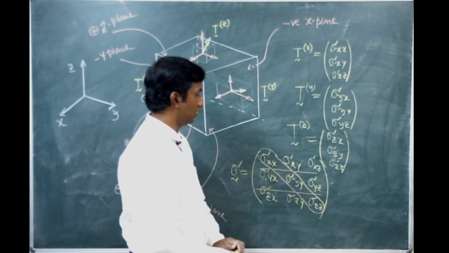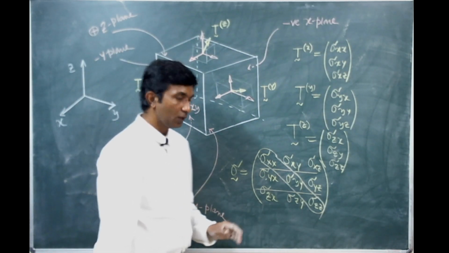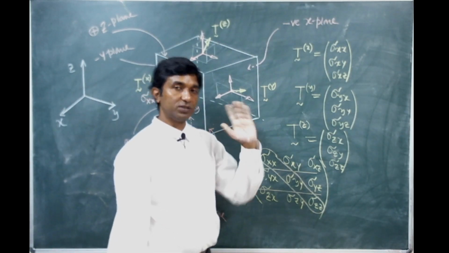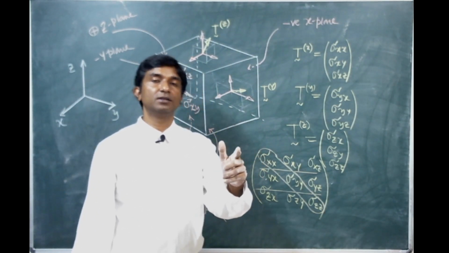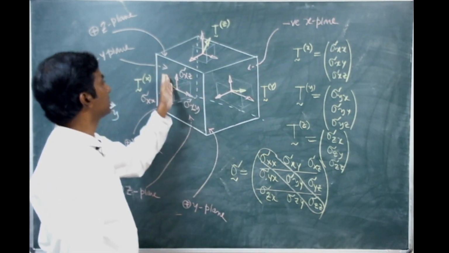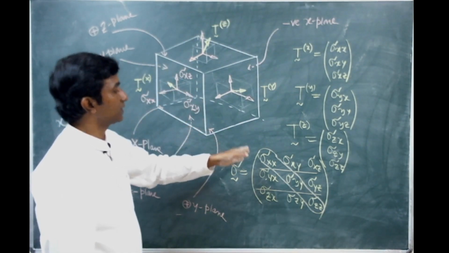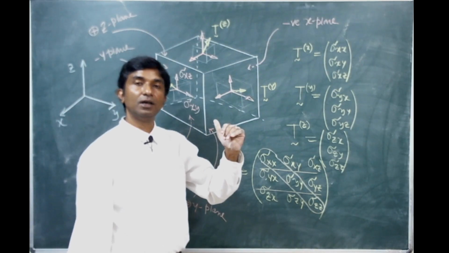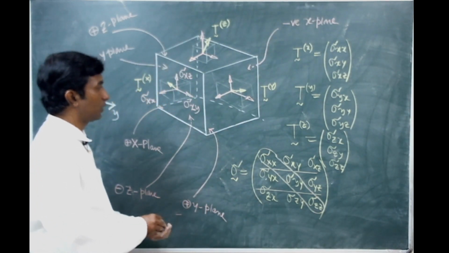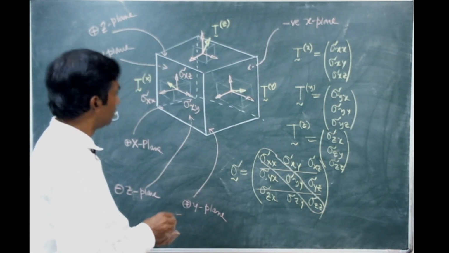We say that the normal stress is positive when it is acting on the positive plane and the direction is in the positive direction. Or if we consider the traction on the negative plane, then sigma xx is positive if it is acting in the negative x direction. So the first one is the plane on which it is acting, the second one is the direction along which it is acting.